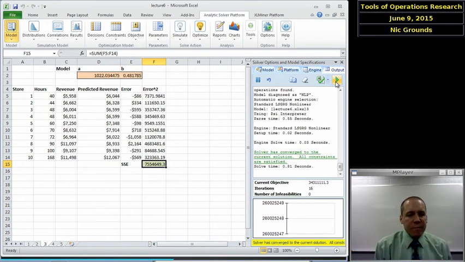Okay, so it found a solution, an A value of 1,022 and some, and a B value of roughly a half, for a sum of squared errors of something like 7.5 million. However, what I want to point out is that the solver panel over here gives us a different message than it typically has.